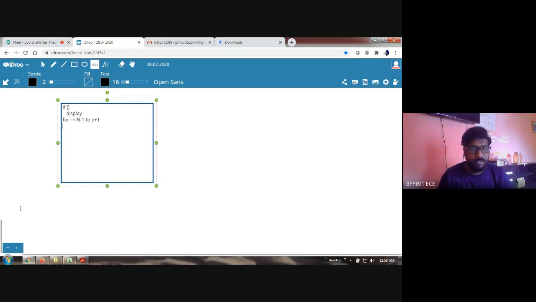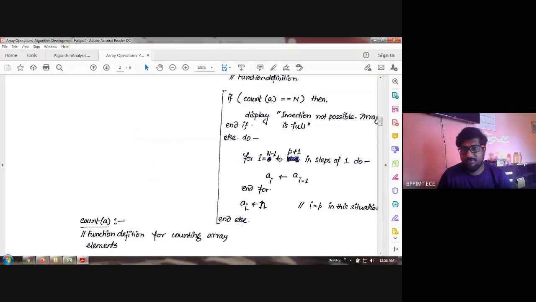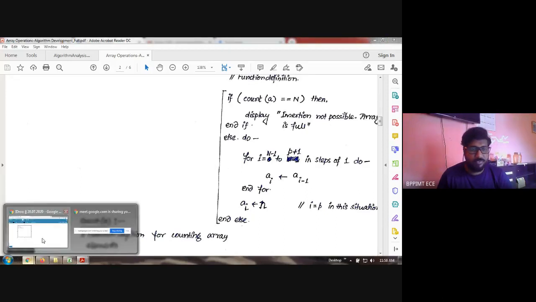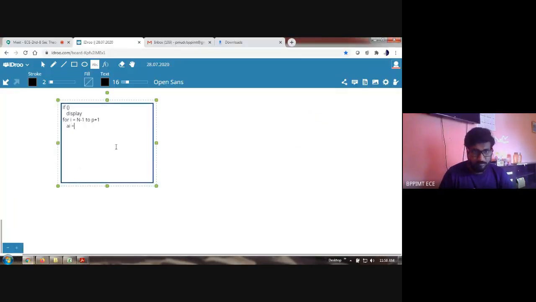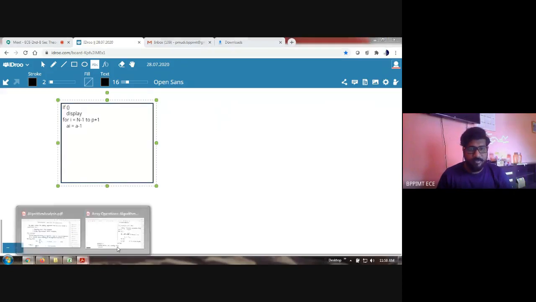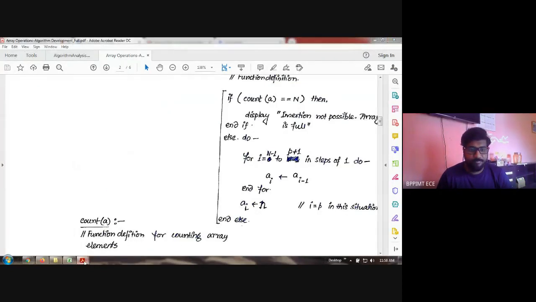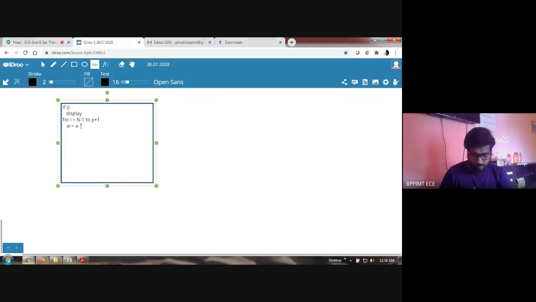Inside it we are doing a right shift, a[i] equal to a[i minus 1]. Then a[p] equal to n, small n. 5 statements are there: 1, 2, 3, 4, 5.